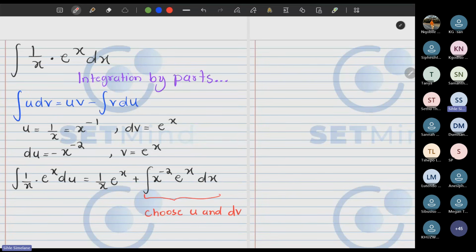What should we choose as our u and what should we choose as our dv? U is e to the x. So why should we not choose u to be x to the negative 2 here? Why are we not making u to be x to the negative 2?